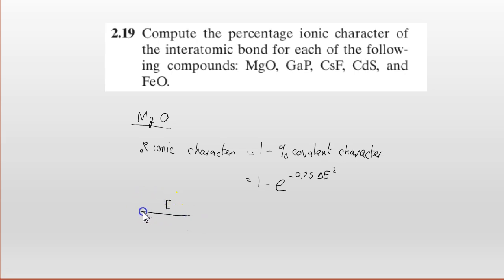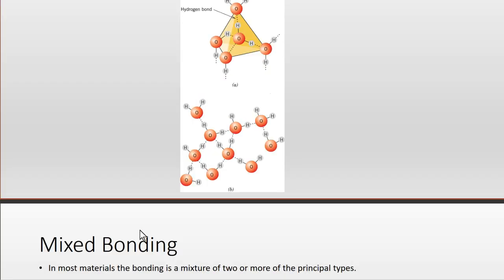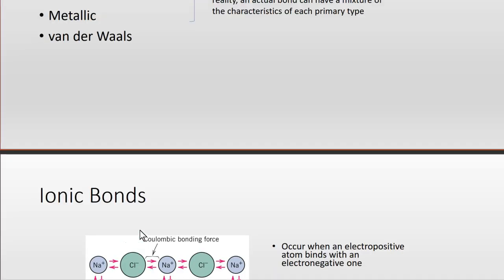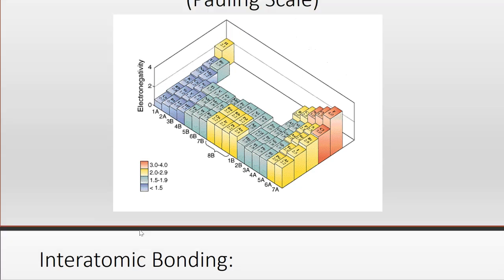Let's have a look at the electronegativities for magnesium and oxygen. Magnesium has electronegativity of 1.2, whereas oxygen has electronegativity of 3.5.